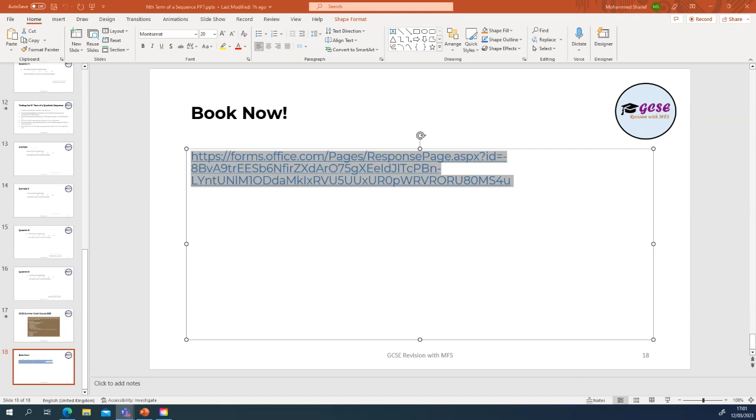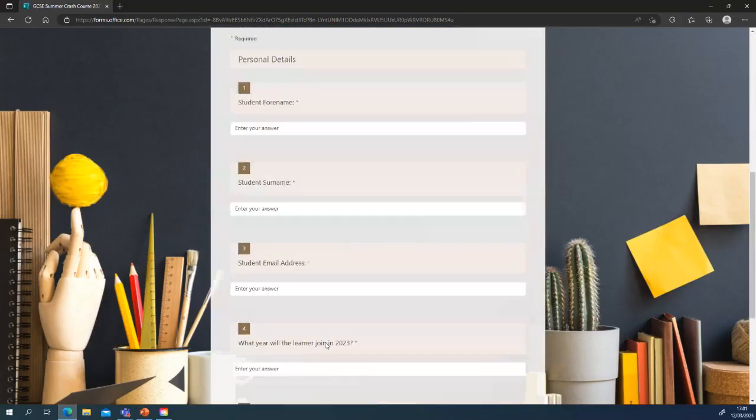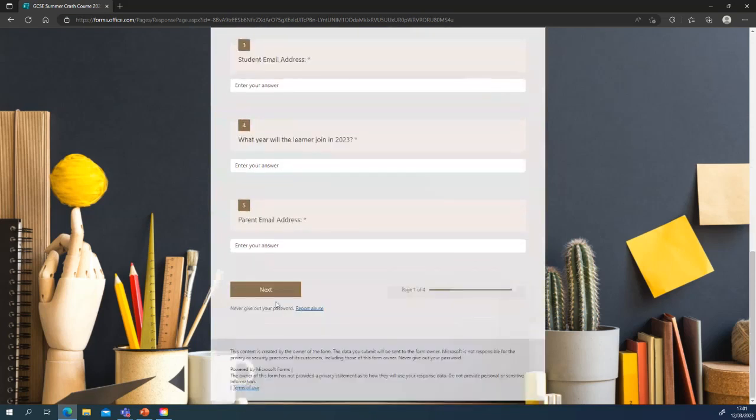So if we look at the form, I've just opened the form in a new tab over here. You will first have to fill out your personal details, and then click through the next few pages. First is your personal details, then your course booking, which subjects you would like to join.